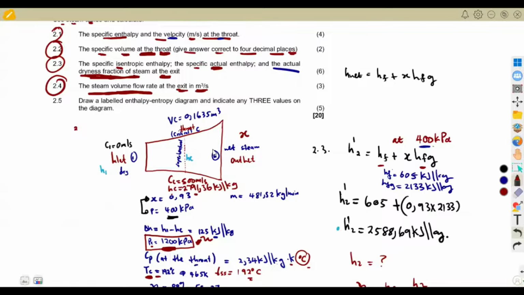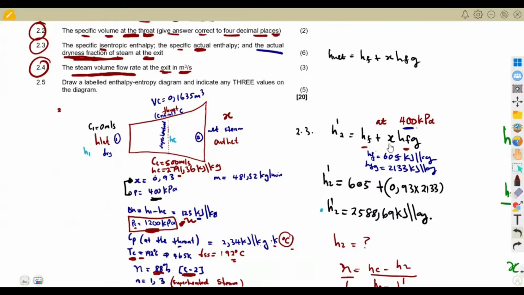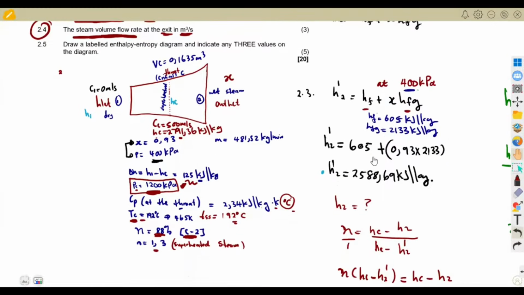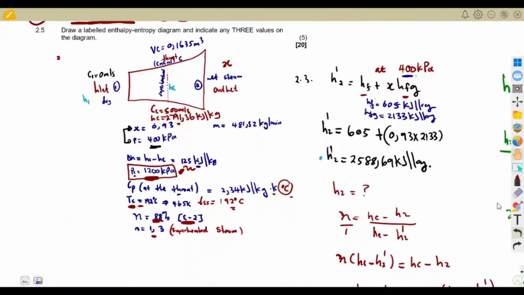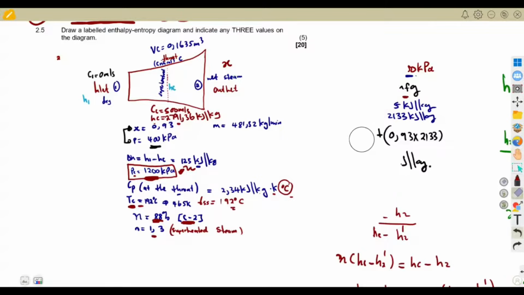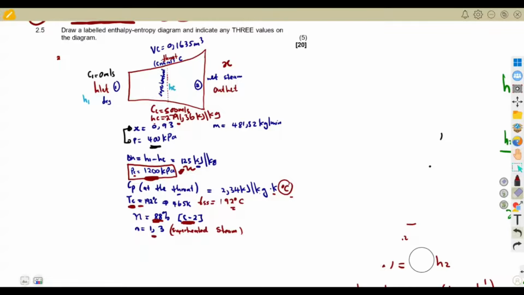How can we calculate the flow rate? I don't think we're going to use this, but if we need it, then we just have to recall, guys. Let me just write something here. Remember, at the exit, that is point 2, this is the condition of 2.